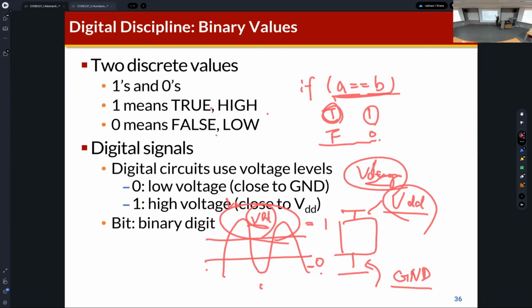So usually in the system, we represent 0 for low voltage and 1 for high voltage.